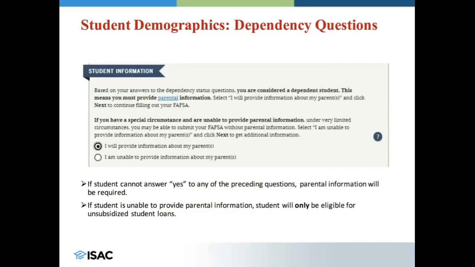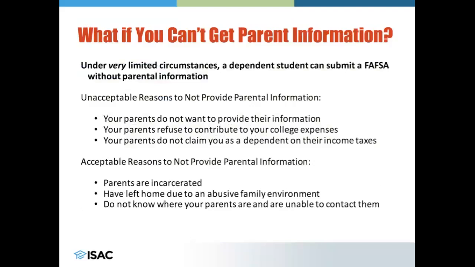Sometimes kids say, well, my parents are not here at the workshop today, so I'm not able. No, that's not what it's asking. It's asking, are your parents no longer in the picture? Nowhere to be found. You have no contact with them. You don't know where they are, and therefore you are unable to provide parental information. That's what they're asking. Otherwise, it says, I will provide parental information, so parents' information will be asked.